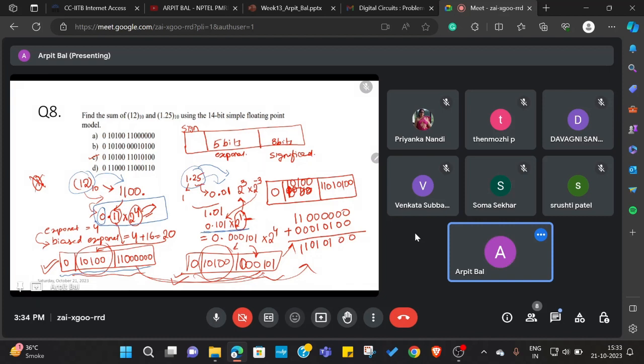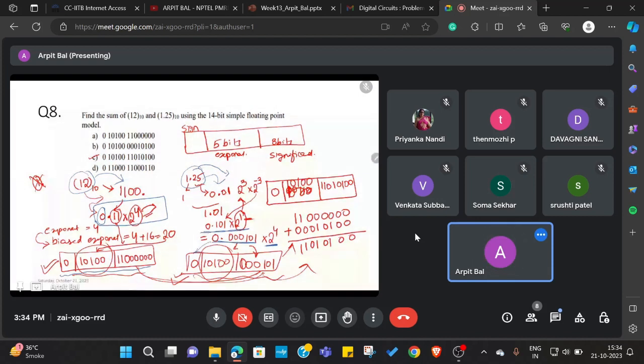We need to ensure that the exponents are the same, so I multiply by 2 to the power 3 and divide by 2 to the power 3. Multiplying makes 2 to the power 1 become 2 to the power 4, and dividing by 2 to the power 3 shifts the decimal place to the left by 3 units.